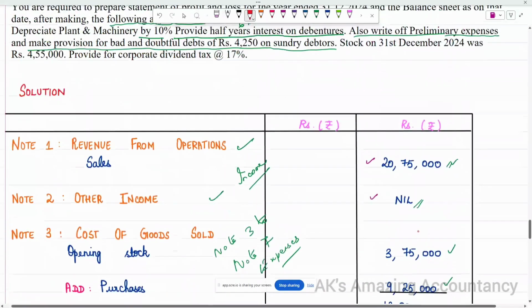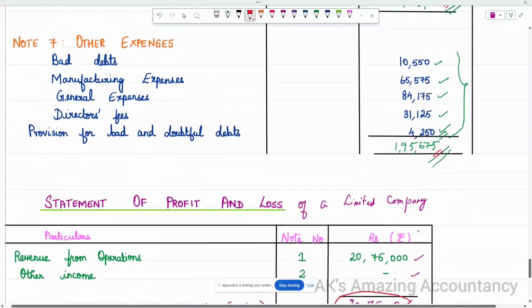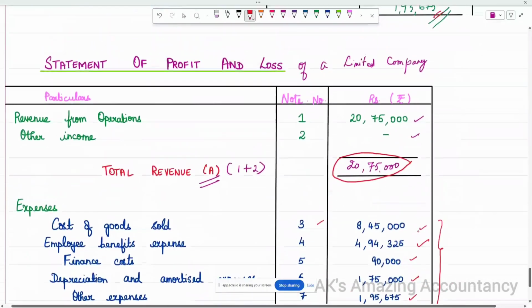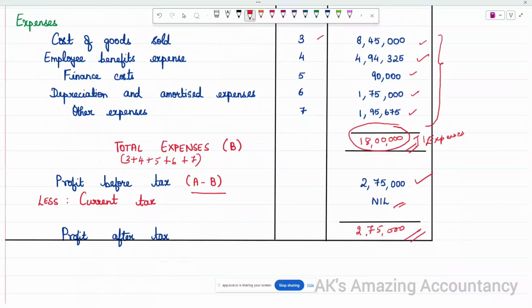We prepared all the notes relating to the statement of profit and loss starting from note 1 to note 7, and finally we posted them in the statement of profit and loss and we arrived at the answer, that is profit as 2,75,000. I hope you are able to understand this clearly. Dear students, I worked out only the statement of profit and loss for this particular problem. I'll be working out the balance sheet for this problem in my next video.